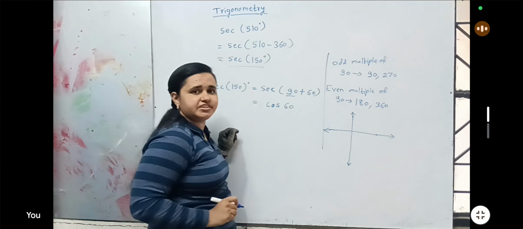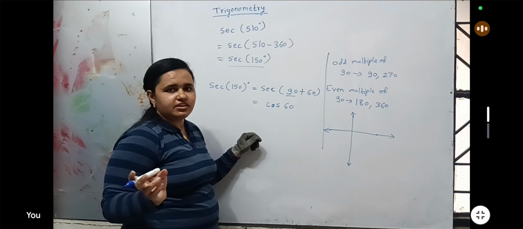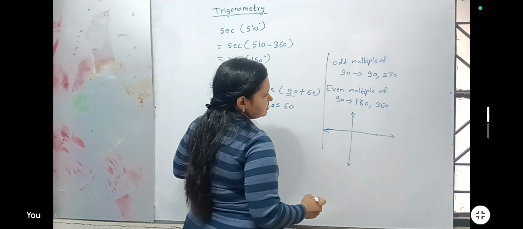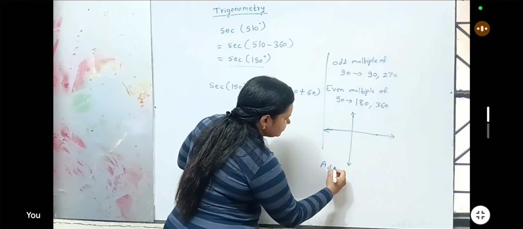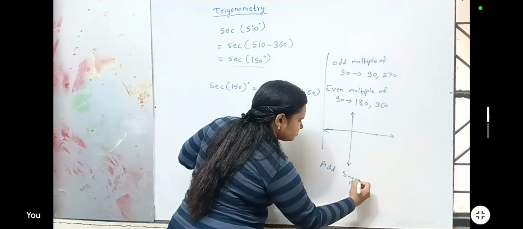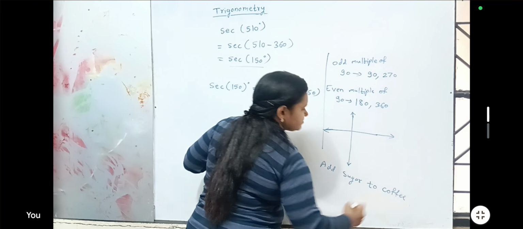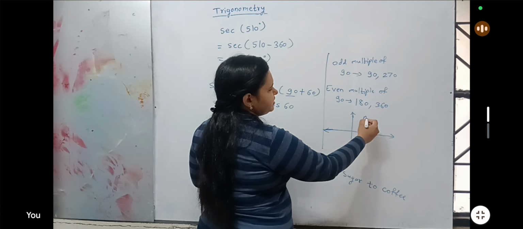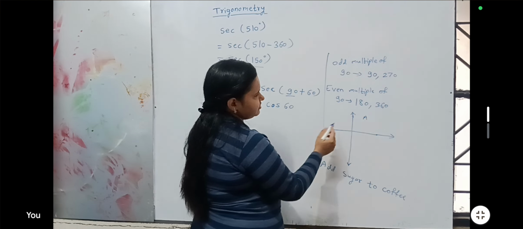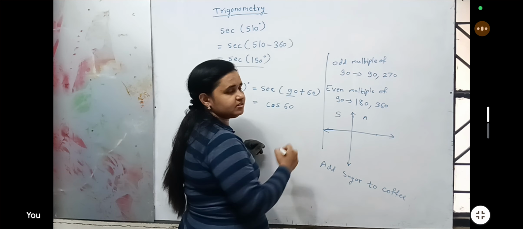There is a very easy trick to remember the signs by quadrant. You can write it as add sugar to coffee. In the first quadrant it is A, add. In the second quadrant it is sugar.